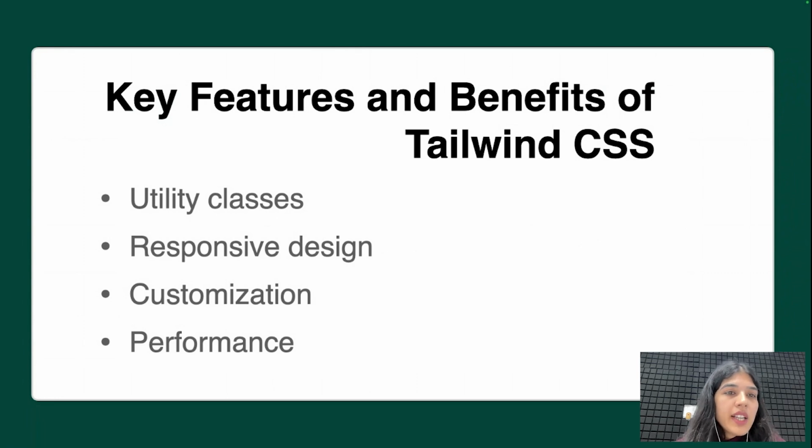Then we have customization options as well, because it provides a config file, and you can extend that config and write the entire config from scratch also. If we talk about performance, it has very small file sizes because it removes the CSS that is not being used. So these are all the features. That's why we all love Tailwind CSS and use it in our projects.